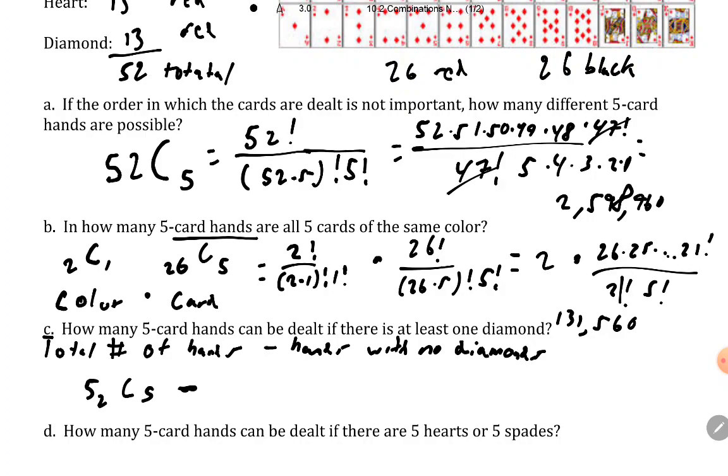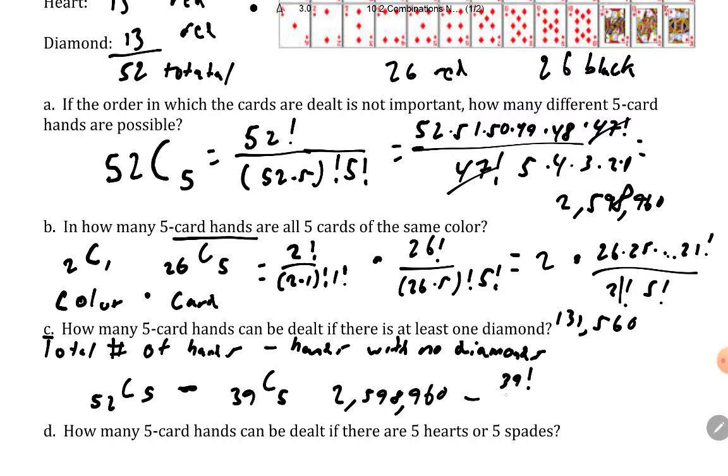So since there's only 13 diamonds, we're going to take 52 minus 13, which is 39. So 39 choose 5. So we know from part A, the total number of possible combinations is 2,598,960. We're going to subtract all the combinations where there's no diamonds.